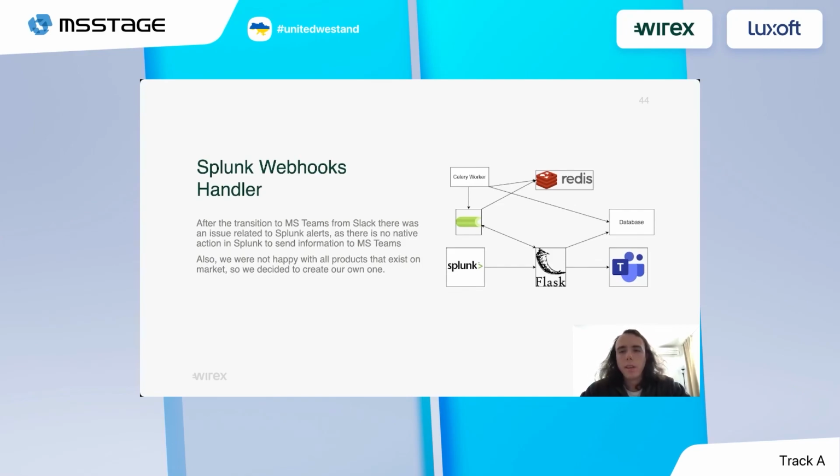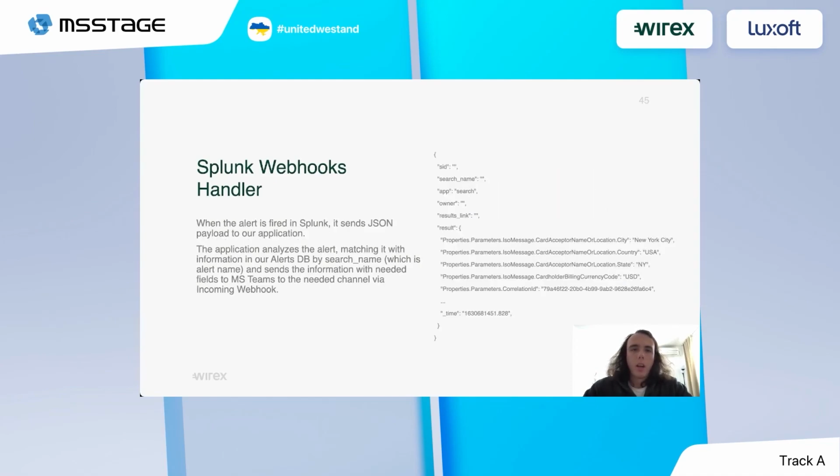Unfortunately, the proposed plugin on the Splunk site didn't work as we expected. Because of that, we decided to create our own. So let's go a bit into the details about this application that we made for handling these Splunk alerts and forwarding them to Microsoft Teams.